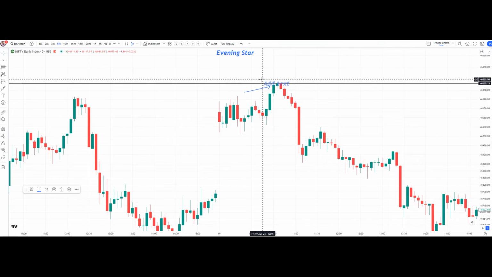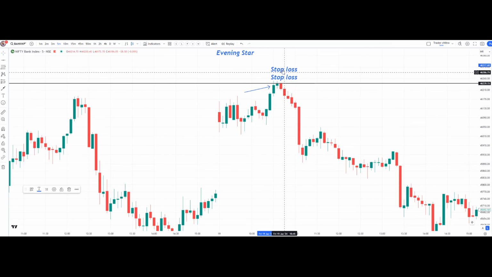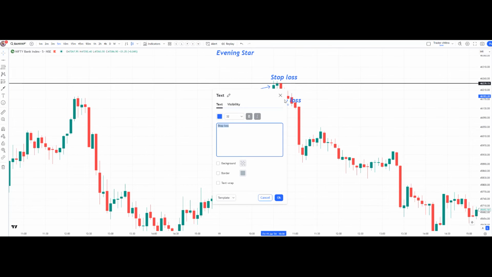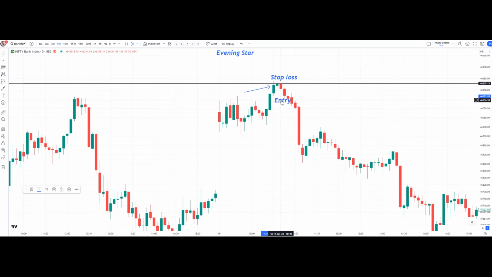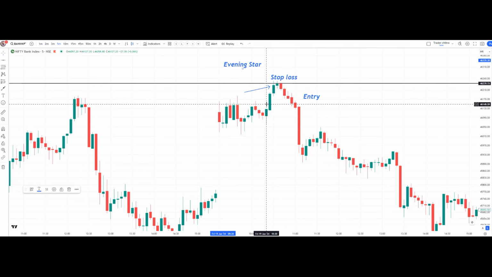Here you can keep the stop loss. So the entry is here. This is the entry for the short trade. This pattern we call the evening star, which means we can consider entering into the short trade.